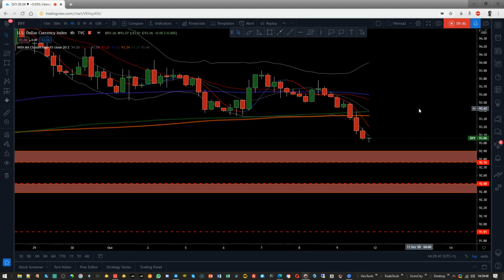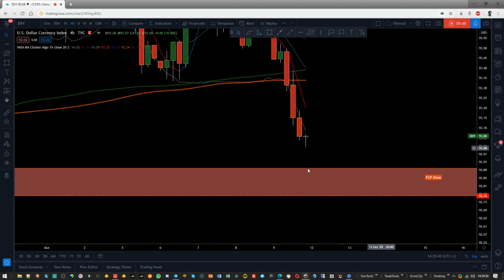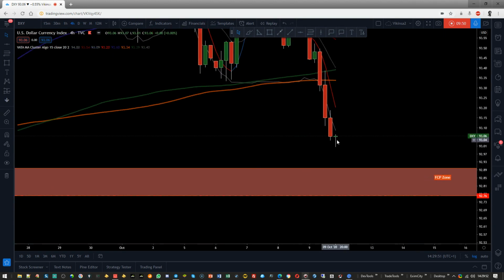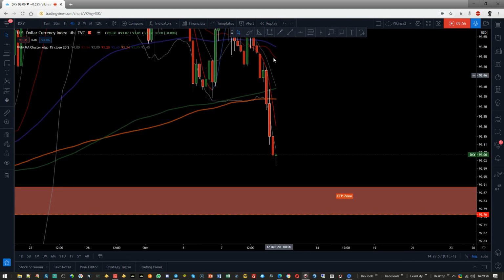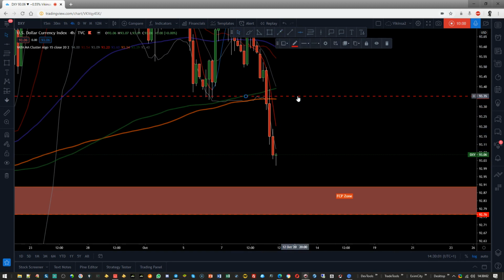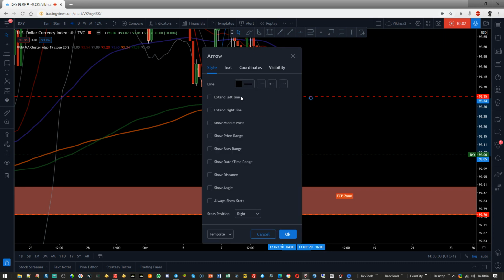If I go to the 4-hour time frame, what we can see is that the market actually started to show some reaction around here, because as I said, one FCP pattern has already been completed, so it can start to move back into this level which is already there.